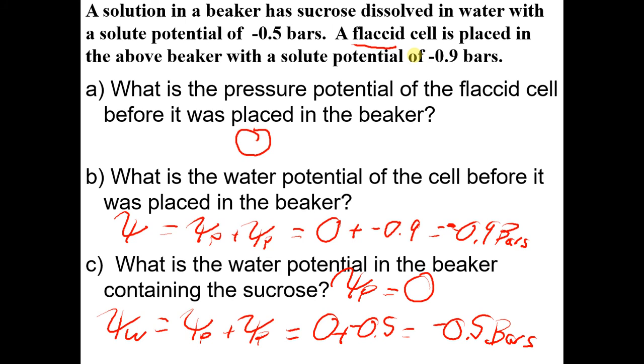Let's go back. If we say that now water is traveling from here into the cell, all right, these two water potentials need to be equal when all is said and done.